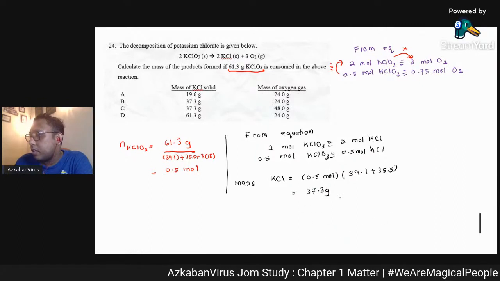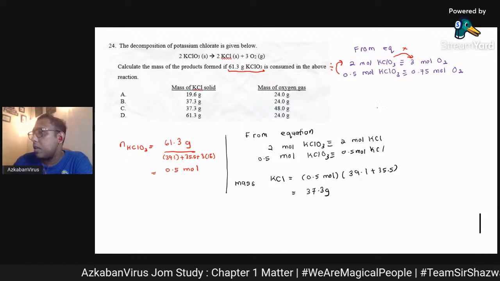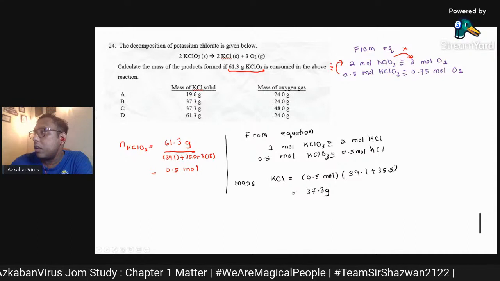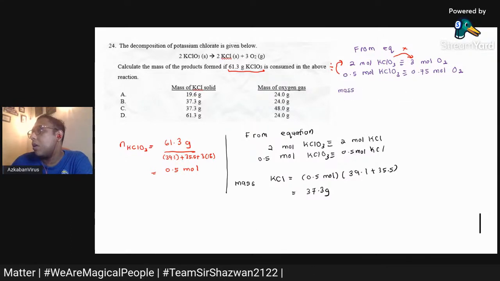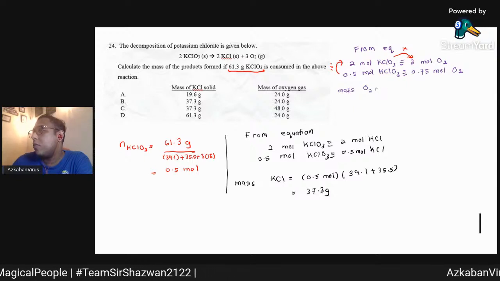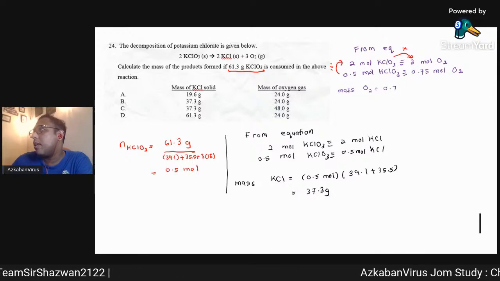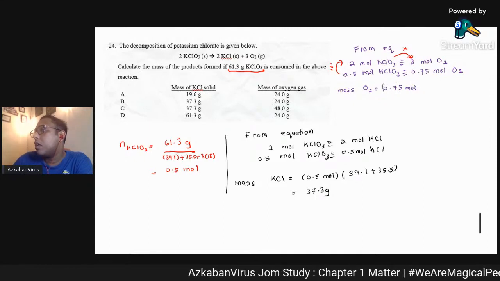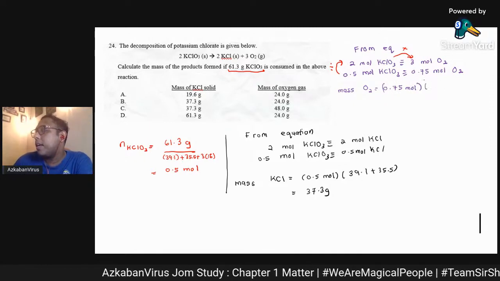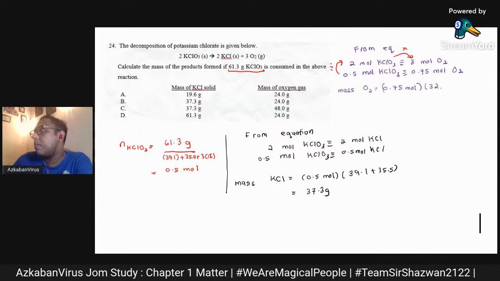And dia punya mass of O2 is equal to 0.75 mol darab dengan molar mass adalah 32 gram per mol.